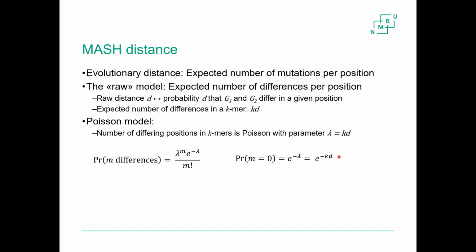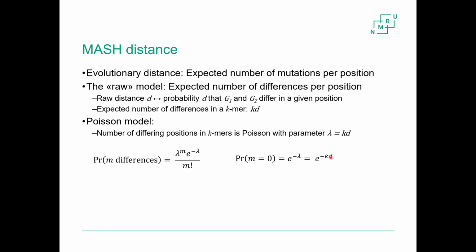This is the probability of having 0 differences, m equals 0. Having no differences, if we collect a k-mer from G1 and a k-mer from the exact same position in G2, this is the probability that these two k-mers are identical. And we can see it depends on this d, the distance.